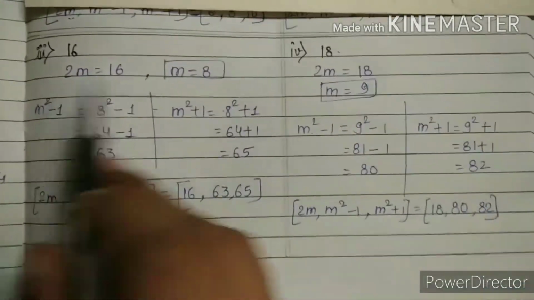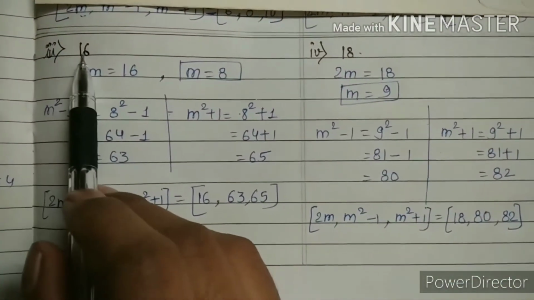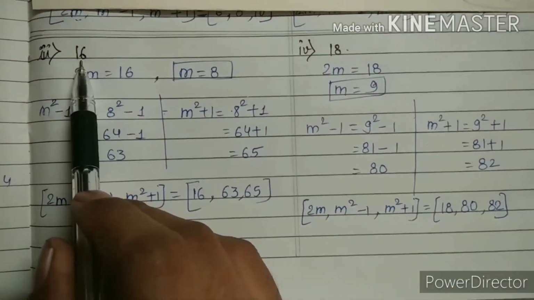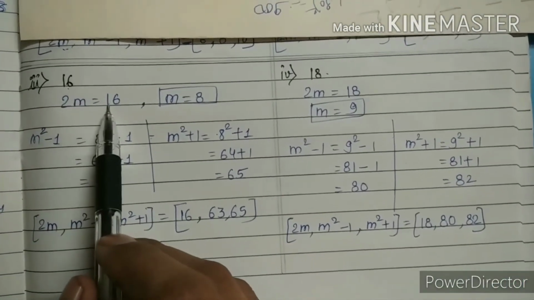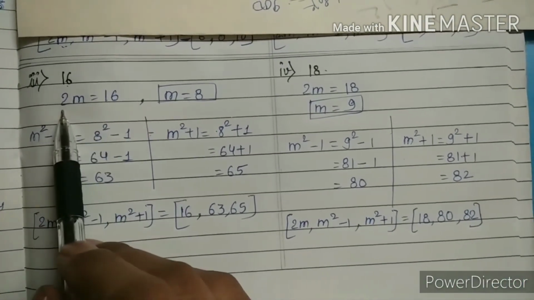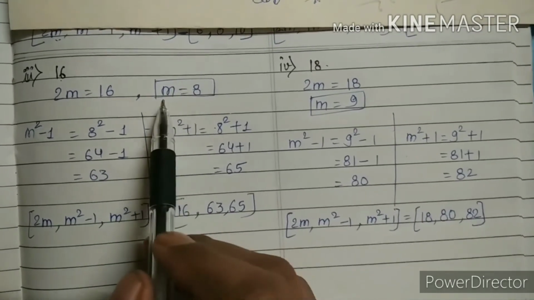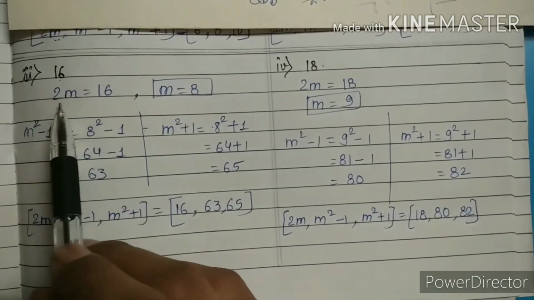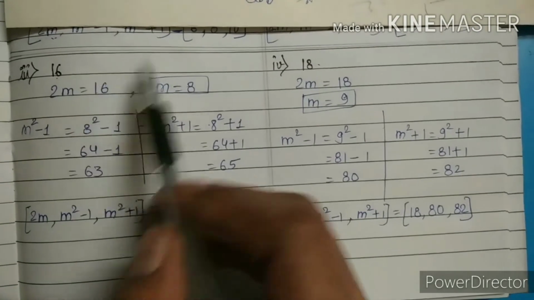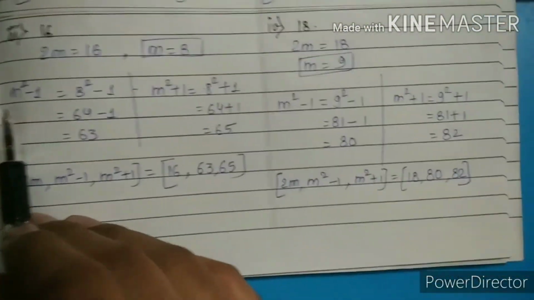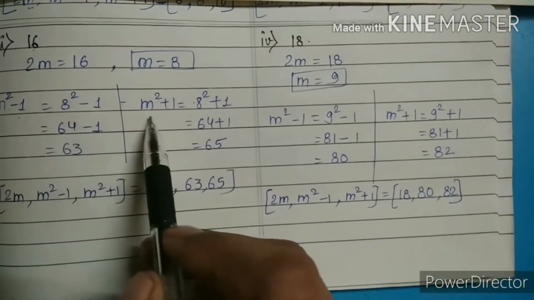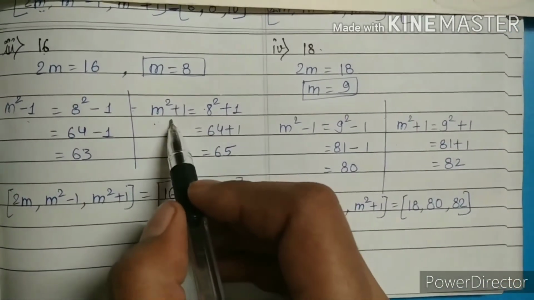Question number 3 and question number 4. Number 3 is 16. So 16 I suppose is 2m, so 2m is equal to 16. When we divide 16 by 2, it will give us 8. It means m's value is 8. It means 2m is equal to 16, it's absolutely right. Now the second number we can find from m square minus 1 and the next one from m square plus 1.